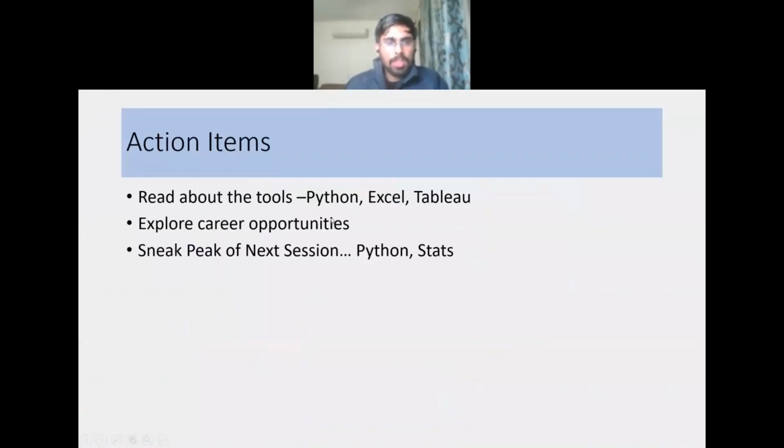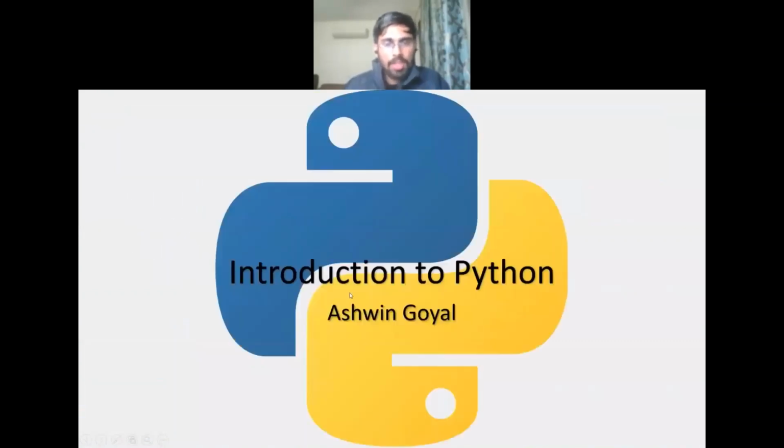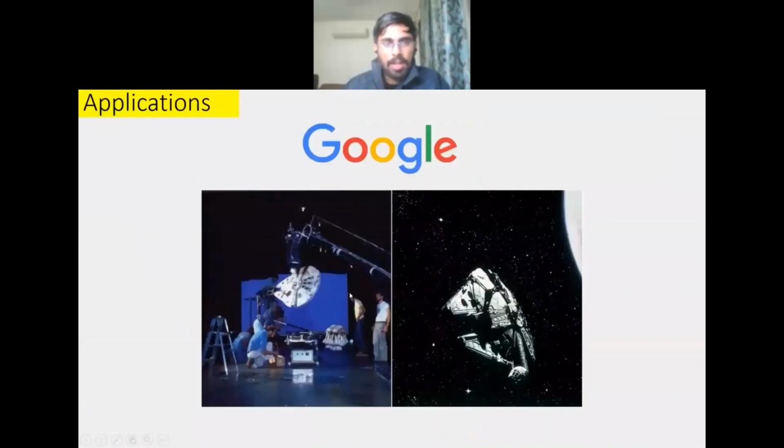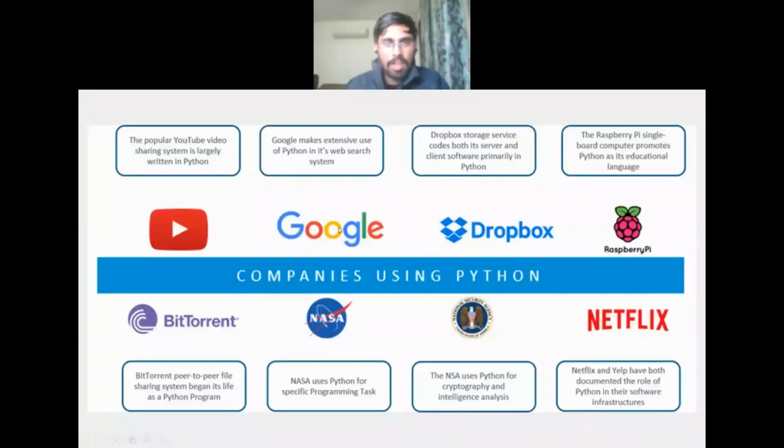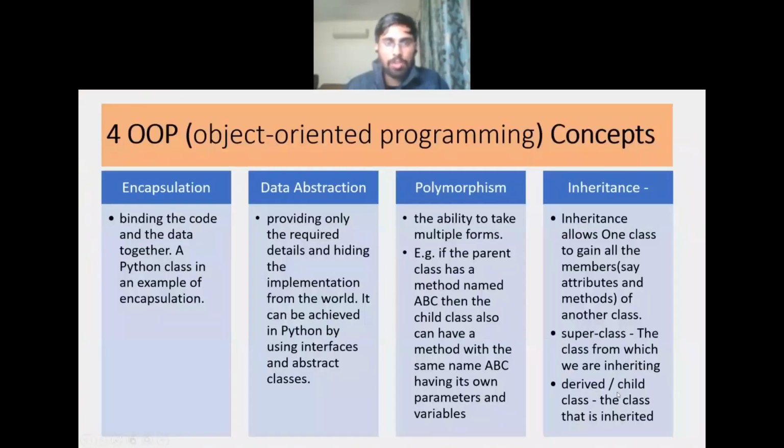Okay, so I'll just give a sneak peek of the next session. We'll cover Python, and I'll tell you how Google, Quora, Facebook, Netflix, Instagram, all these companies are using Python, right? I'll tell you the exact usage. How does Google use Python? How does Netflix use Python? I'll tell you the exact usage of each of these. Then I'll also touch upon OOP languages.